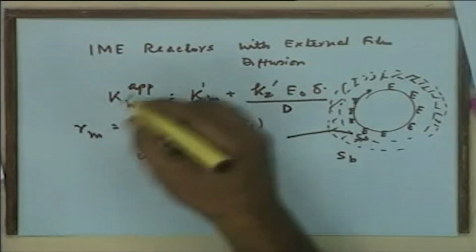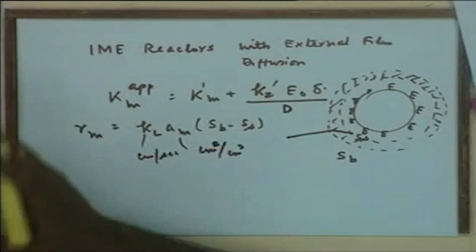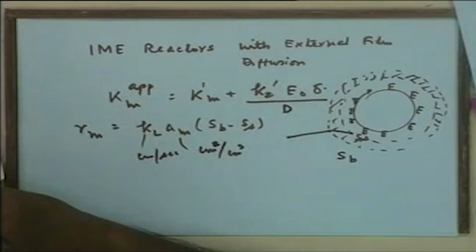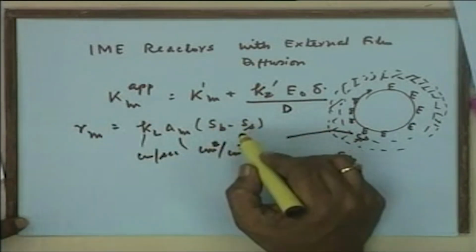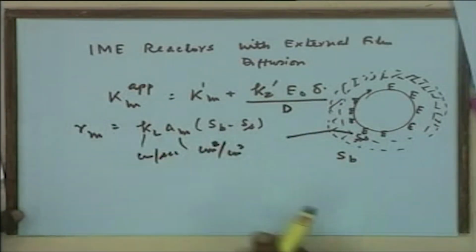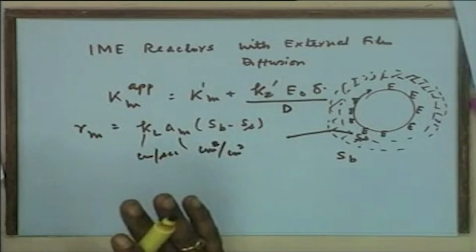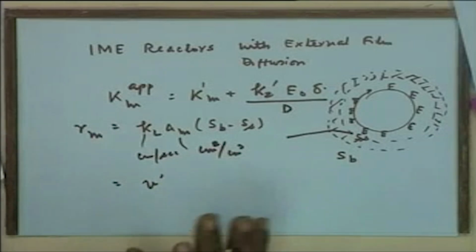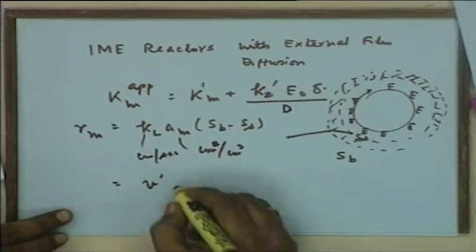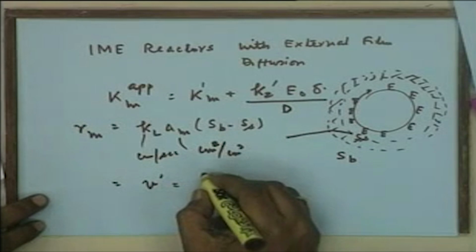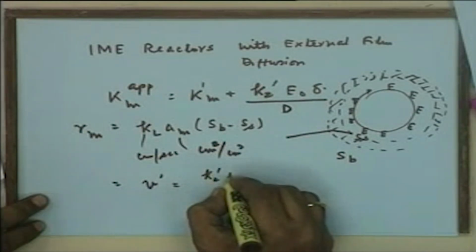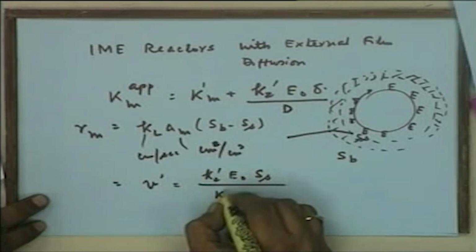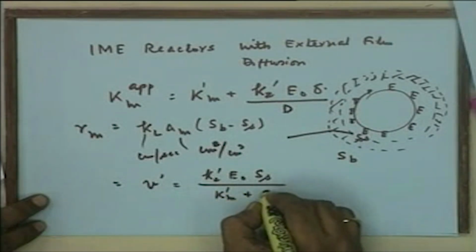So, overall KLAM will have a unit of per second, a typical first order rate constant, and SB minus SS is the concentration gradient across the thin film. Now, this under steady state conditions must be the same as the rate of reaction, and that is here K2' E0 SS upon K'm plus SS.